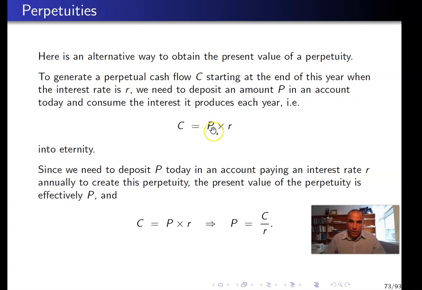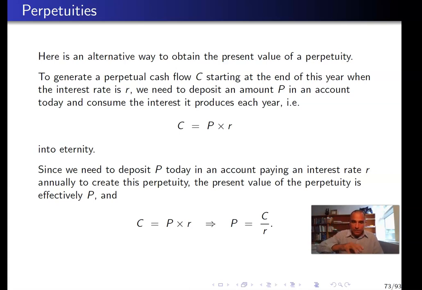So to generate C at the end of the first year, I would have to deposit P at the beginning of the year. So today I deposit P in an account that pays an interest rate equal to r. By depositing P today, I collect C at the end of the year, C at the end of the second year, C again at the end of the third year, and C forever.